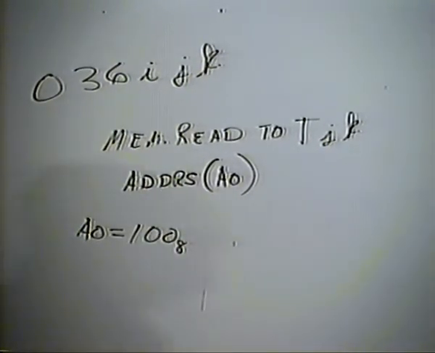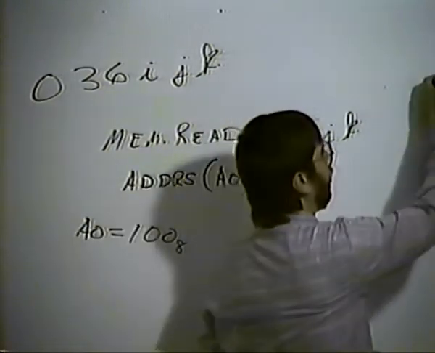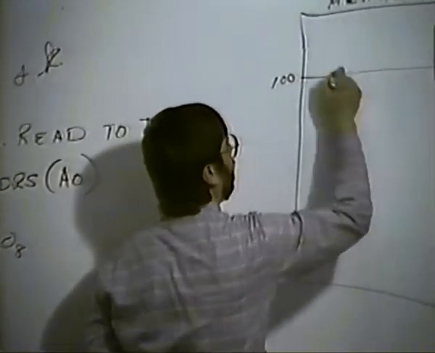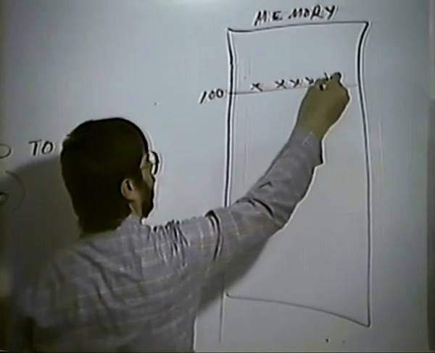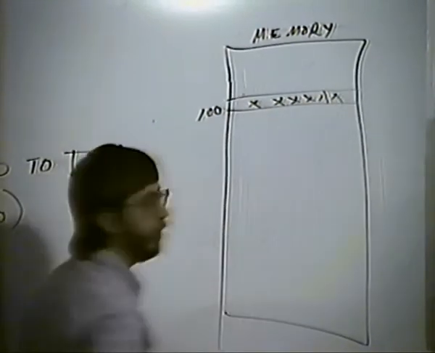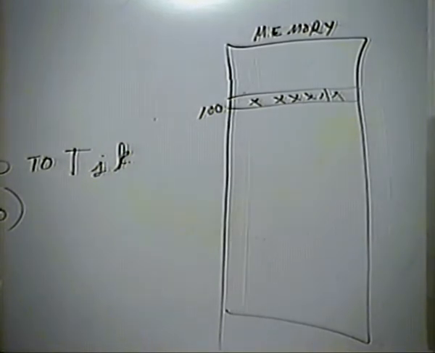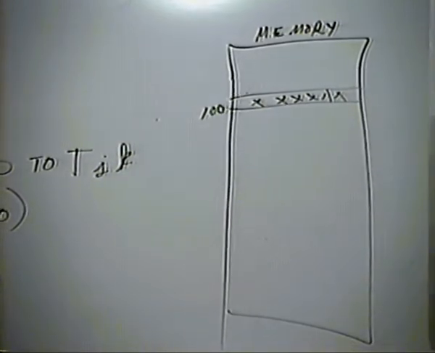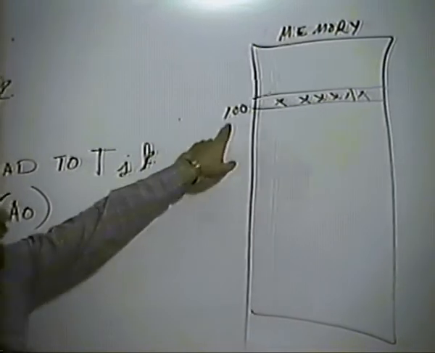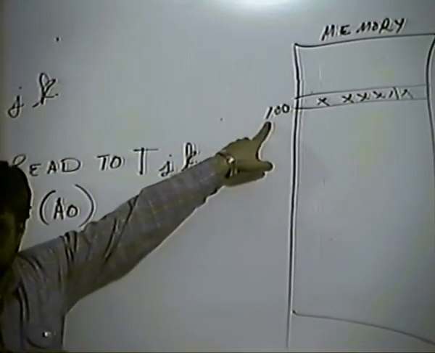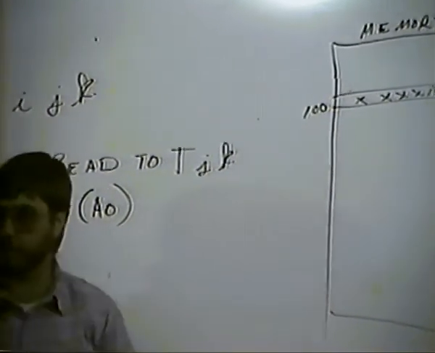Nice round number. Over here at memory address 100, we've got some data. Some X's and O's, or 1s and 0s, whatever. We want to transfer address 100's data into T register JK.